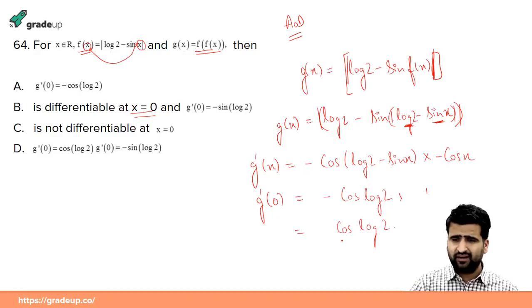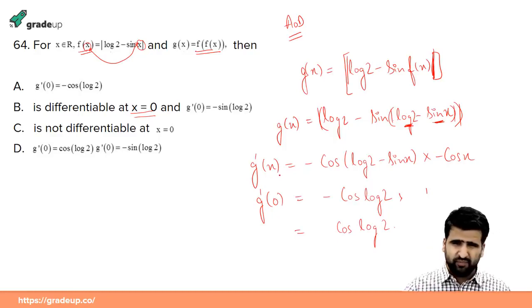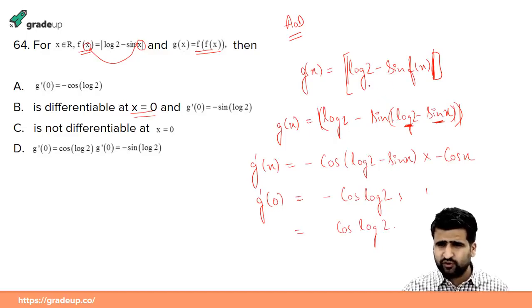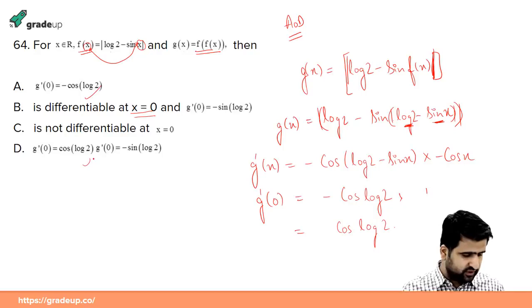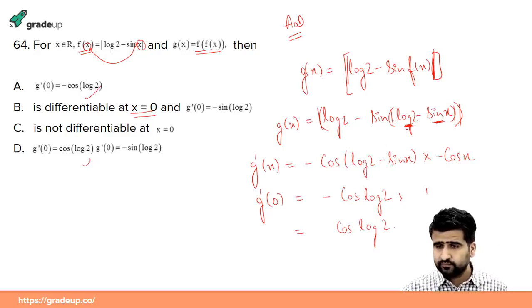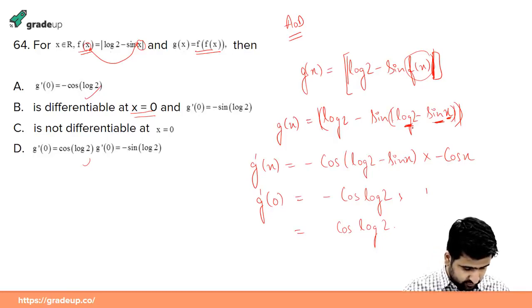So this was a comparatively medium, moderate level question, because you just need to know this fact; most of the people were confused with this negative and positive sign, but there's nothing to worry about, because here the value of x is in the vicinity of x equal to 0.